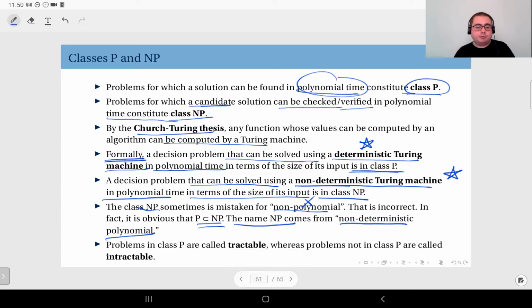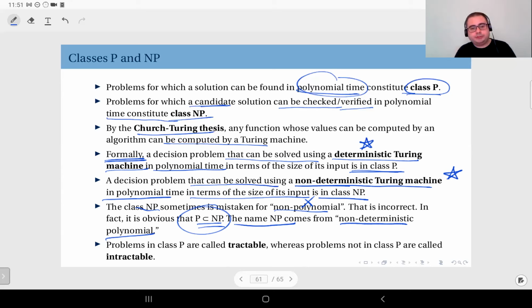That's how you can verify a candidate solution using a non-deterministic Turing machine. Now, obviously, all deterministic Turing machines are a special case of non-deterministic Turing machines, which also tells us that P is a subset of NP. Okay?